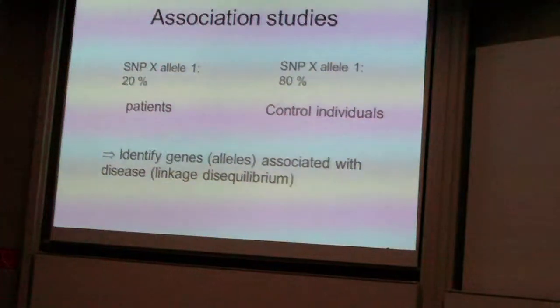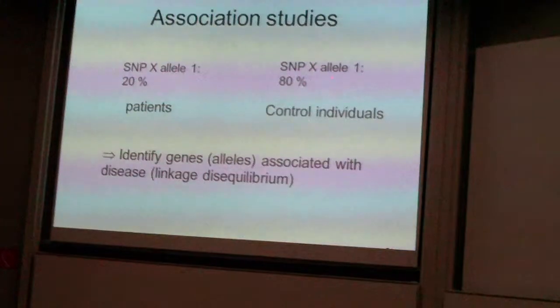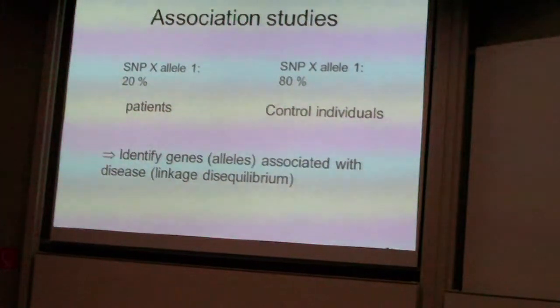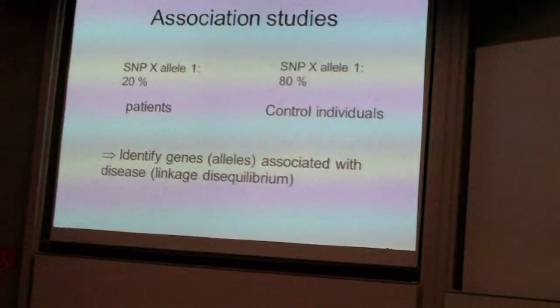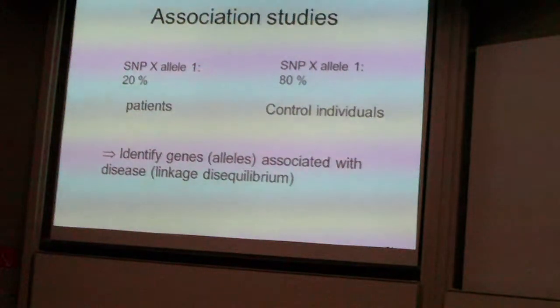And here you can see SNP allele 1 is at 20% frequency in patients, and in healthy controls it's 80% frequency. This is a very atypical example, but you can already feel that there is something happening with this genetic marker, because you see this allele less in patients than in controls.